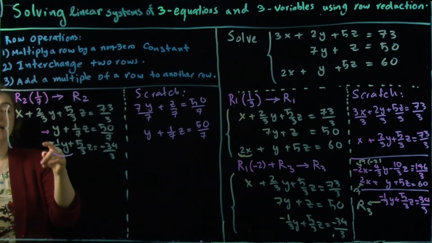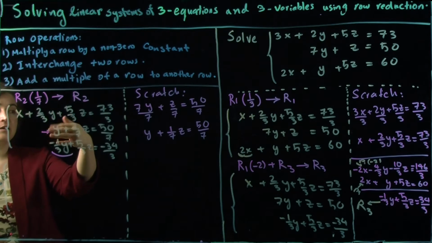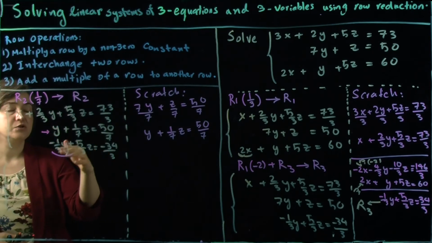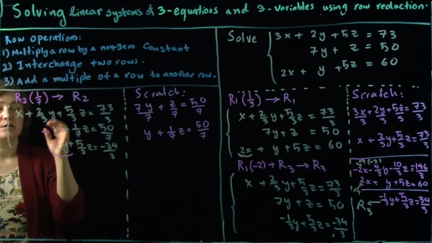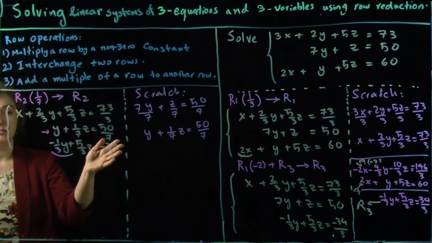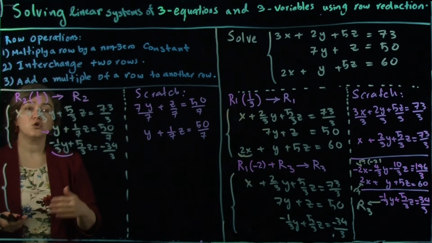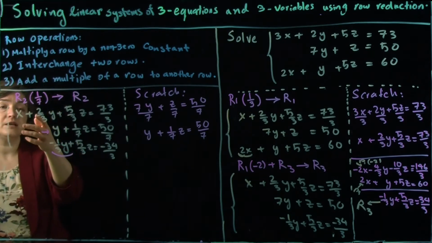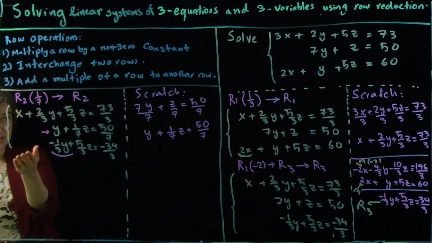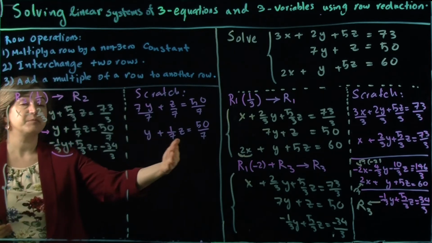Multiply that by the negative of this coefficient, the leading coefficient, and then add it together to get a new row 3, such that this leading term is going to be eliminated. If you follow this process, you always start with the leading one, then eliminate that variable underneath, then these steps always work.